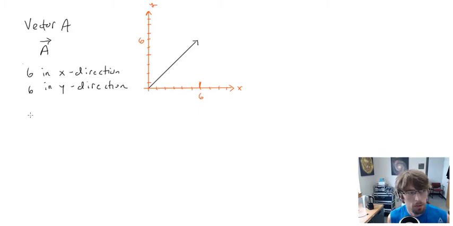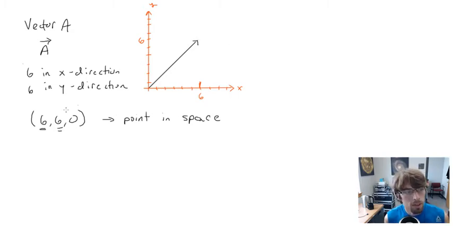So for example, if I did this, 6, 6, 0, you would recognize that this is a point in space located at 6 in the x direction, 6 in the y direction, and 0.